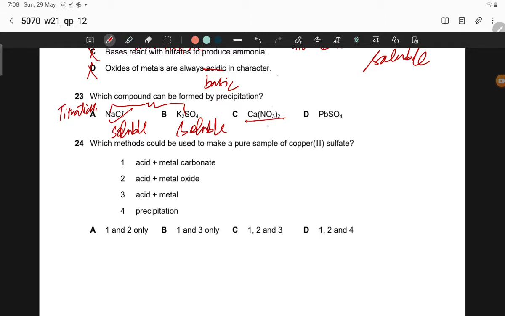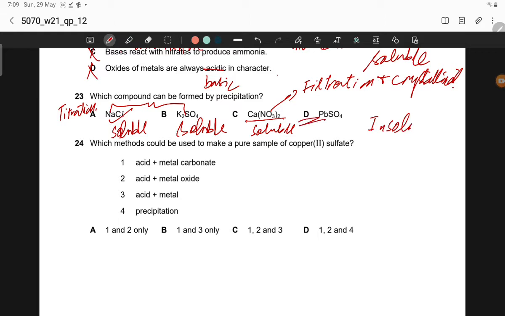Calcium nitrate is also soluble, so it is formed using filtration and crystallization. Lead sulfate is insoluble. This is an insoluble salt and can be formed by precipitation. So D option must be correct.